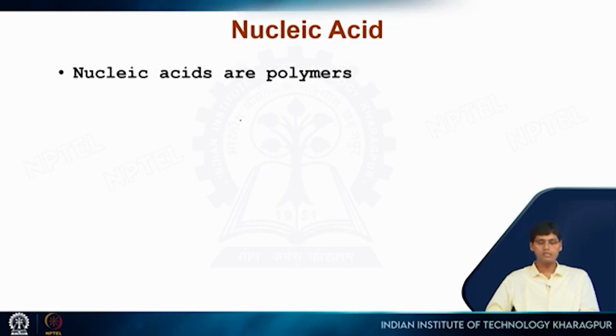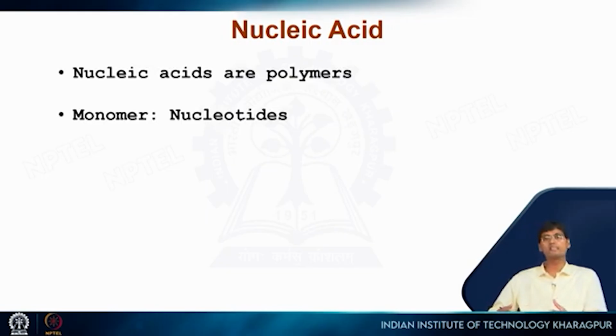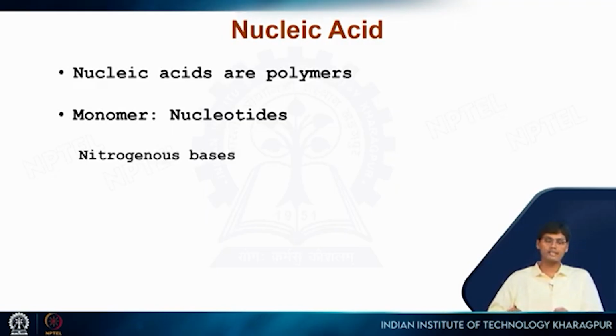And now, if we see what is present in nucleic acids, the first thing is nucleotides. But what is present in nucleotides? So, in nucleotides, we have three major things. One is nitrogenous bases, and nitrogenous bases can be of different types. It can be purines, it can be pyrimidines, I will explain soon, followed by sugar.